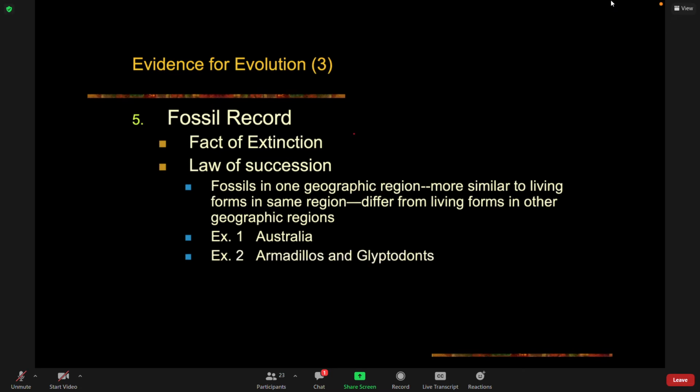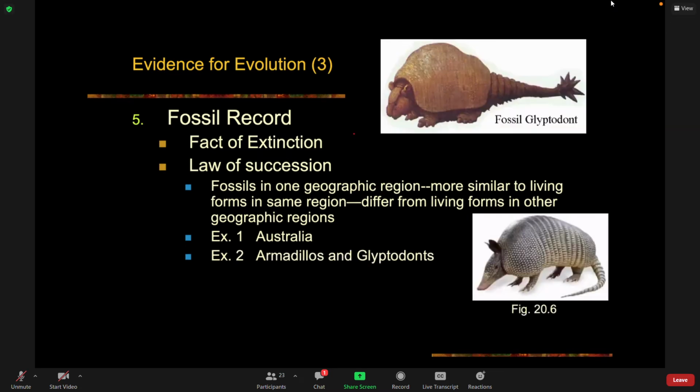In South America, there are fossils of a critter called glyptodonts, okay? They're mammals. They were pretty widespread. Some of them were really big, some really small, and they have anatomical similarities to another type of animal there in South America, of which there's more than one species, called armadillos. About 10 million years ago, when North and South America became connected through Central America, this allowed a land bridge by which animals could move between the continents.